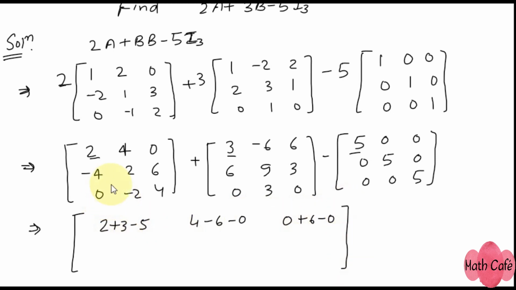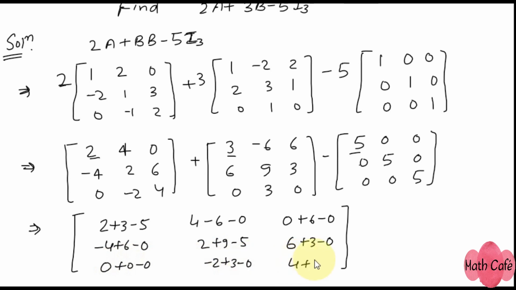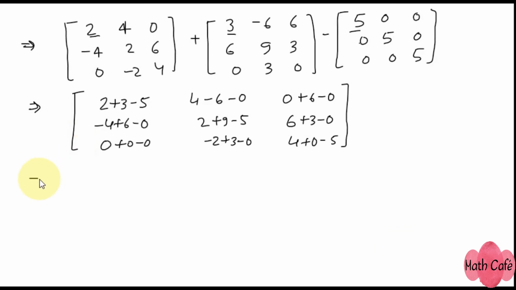Alright, so we are complete with row number 1, and the first element of the second row will be minus 4 plus 6 minus 0, and another element will be 2 plus 9 minus 5, and the last element of the second row will be 6 plus 3 minus 0. Alright, and the first element of the third row will be 0 plus 0 minus 0, and then minus 2 plus 3 minus 0, then 4 plus 0 minus 5.